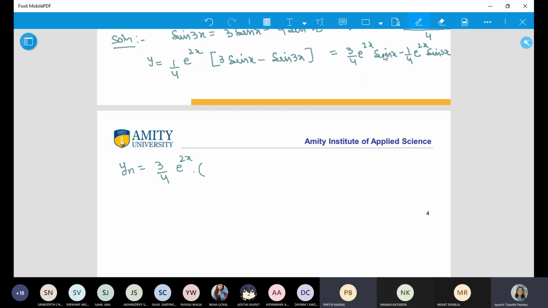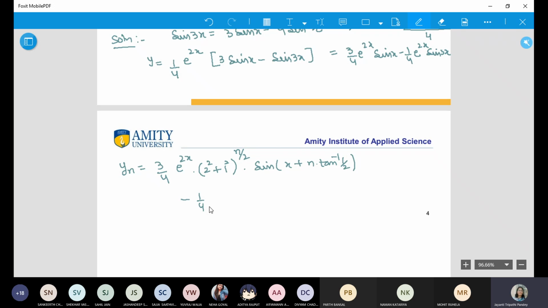So e to the power ax, and then a square plus b square, so 2 square plus 1 square, to the power n by 2, into sine of bx plus n tan inverse b by a. So what is your b? B is 1. What is a? A is 2. This is the first part.